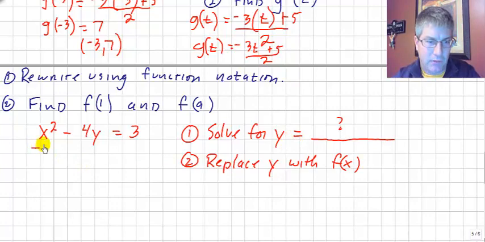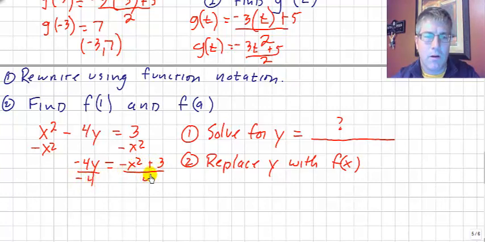So I'm going to subtract x squared from both sides, and I'm going to try and isolate y. Negative 4y equals negative x squared plus 3. I'm going to divide both sides by negative 4, and I get y equals negative x squared plus 3 all over negative 4.